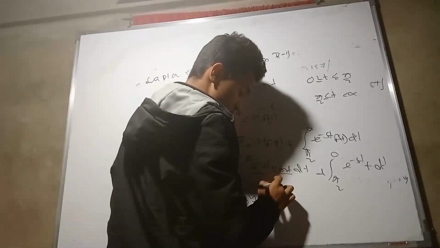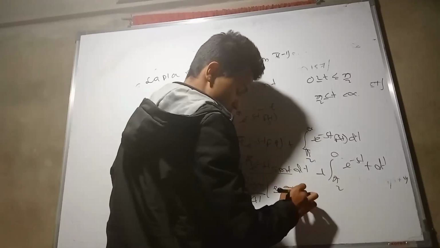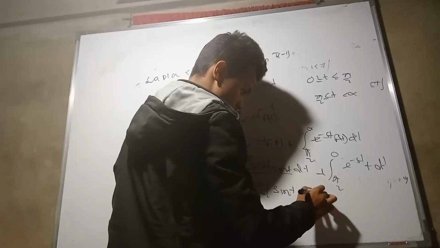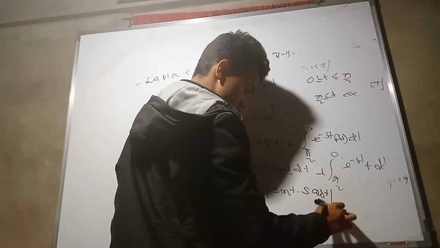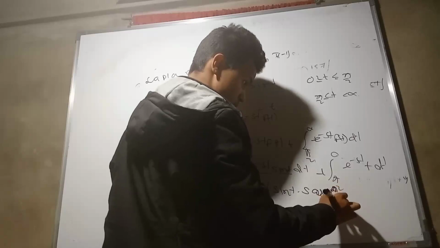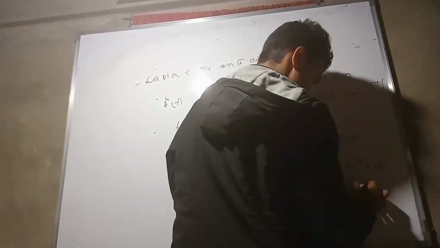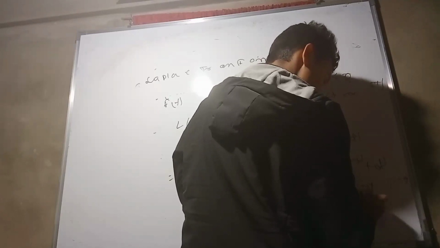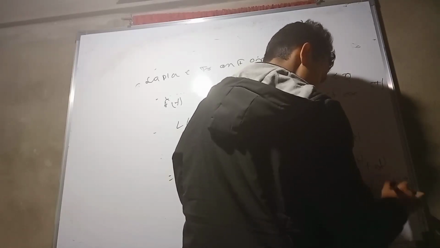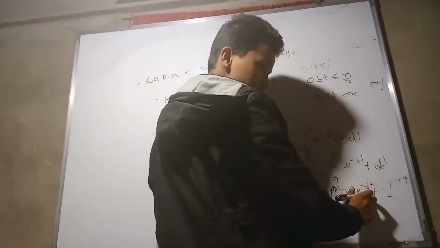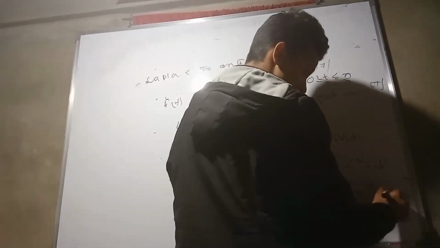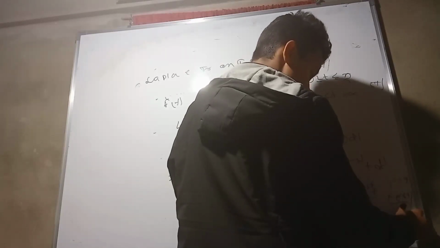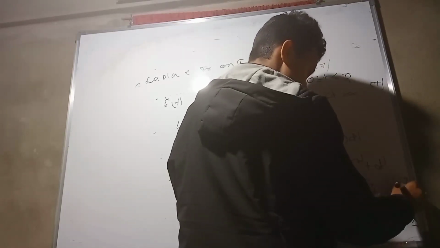So that will give us sin t, here s cos t, from 0 to pi by 2. After that you can integrate by parts. After differentiation it will be 1, so that will be plus e to the power minus st, from pi by 2 to infinity.